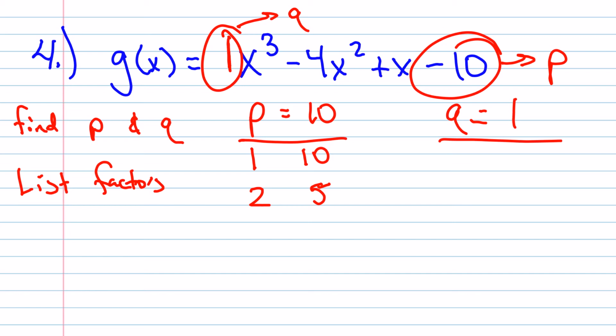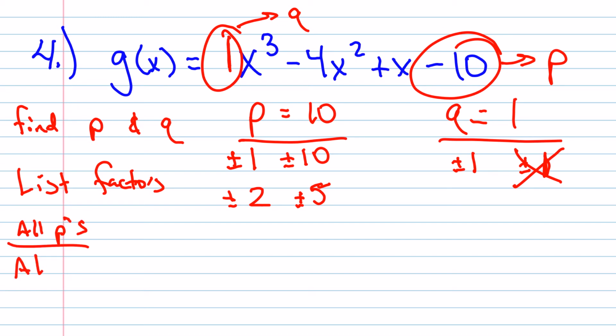Remember, we gotta take into account the negatives too, so we put plus or minus in front of everything. And how do I get 1? Well, 1 and 1. But really, I don't need that second one because it's just a repeat. And then finally, I put all the numbers in the p list over all the numbers in the q list. So I just say p over q.